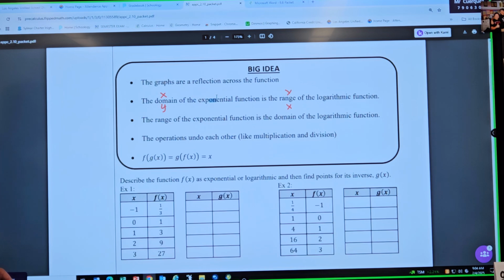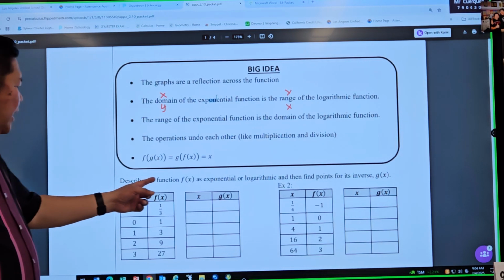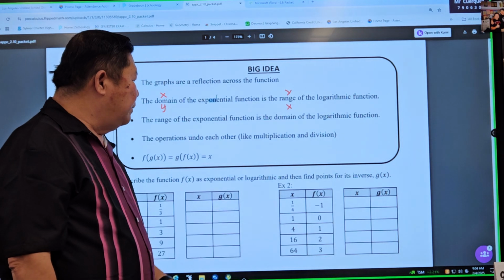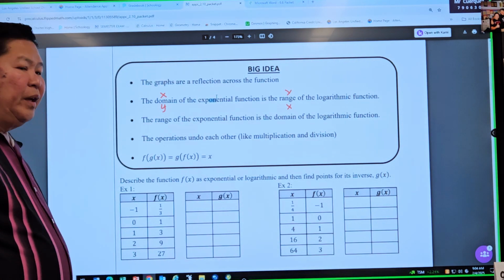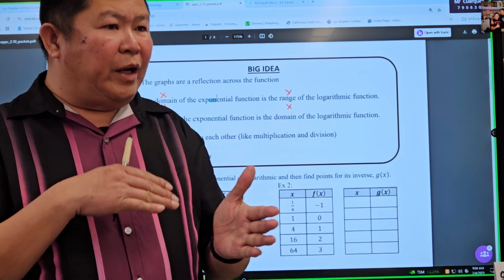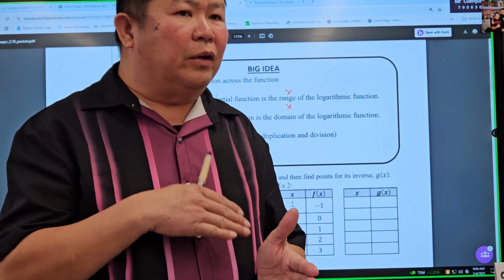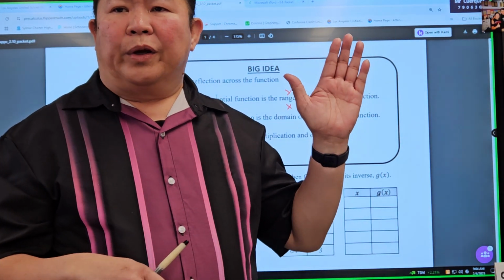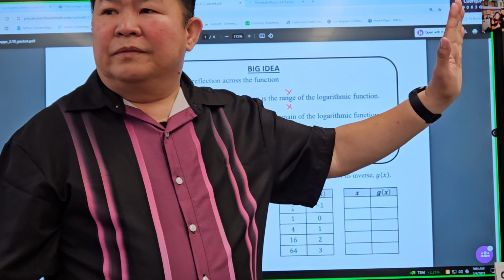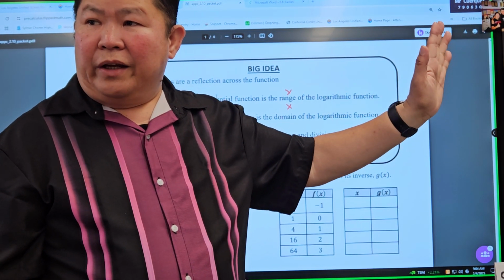Now, let us describe the function f of x as exponential or logarithmic, and then find the points for its inverses. Now, what did I say a while ago? For us to determine in the table whether it is exponential or logarithmic, we can say exponential if the multiplication occurs where? At the y, right? At the y.